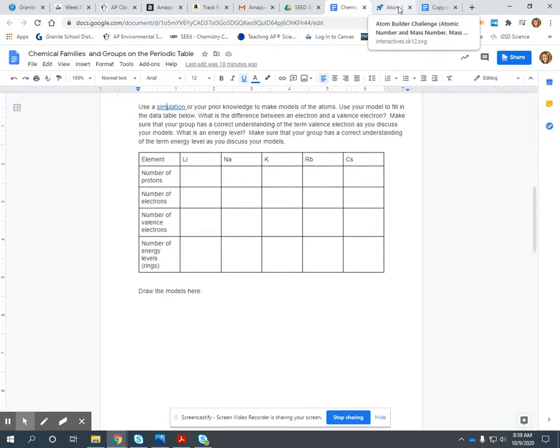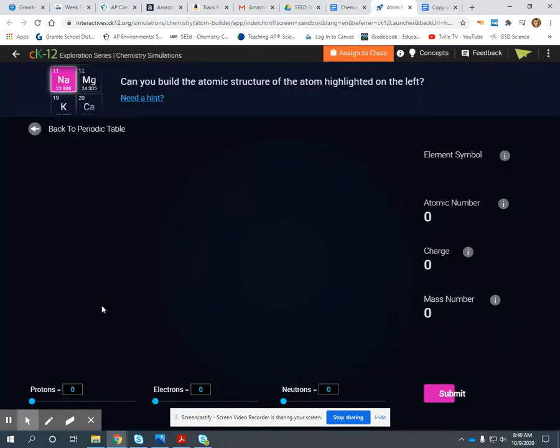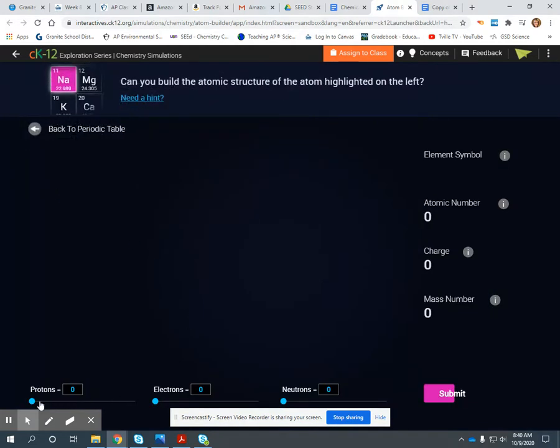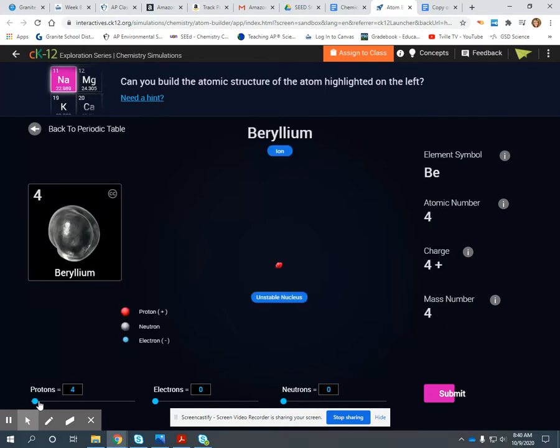So if I go back to the simulation, if I'm going to make a model for lithium, well, let's go to the periodic table. Lithium has 3 protons. So let's go to the simulation and build an atom with 3 protons.